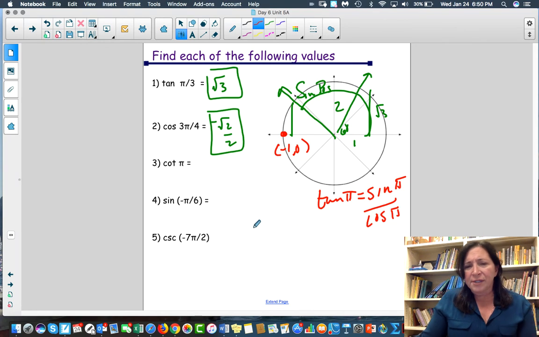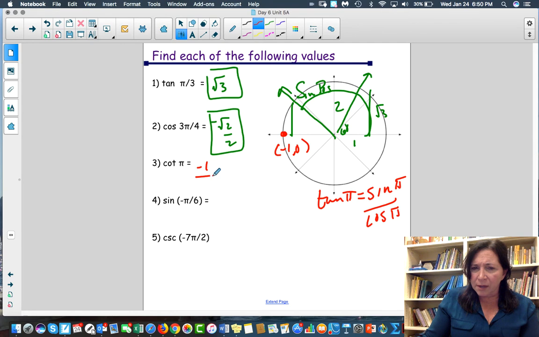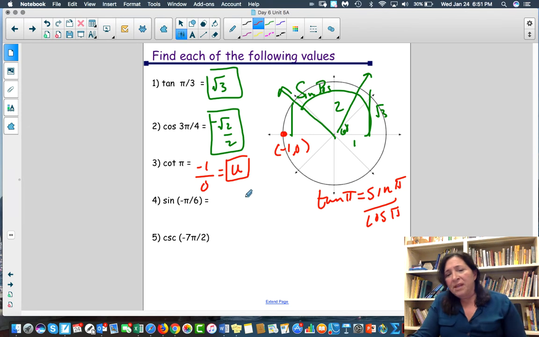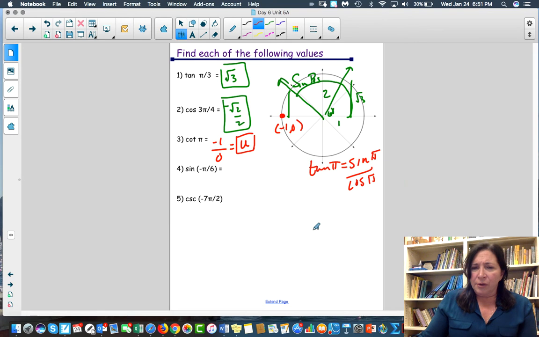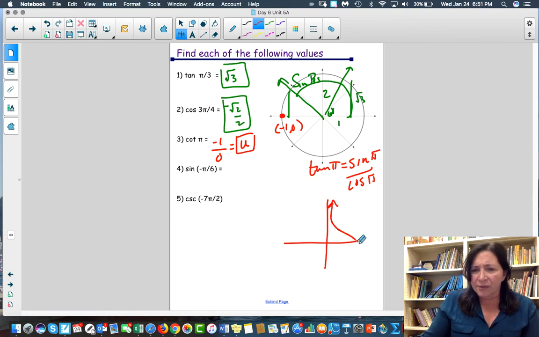That means that cotangent of pi is going to be cosine of pi, which is -1, divided by sine of pi, which is 0. 0 in the denominator means that our value is undefined, which basically means where that value is, there's an asymptote there. I guess I could show you what the graph looks like. A cotangent graph does this, and it comes like that. Basically, this is 0, and this is pi, and there's an asymptote there.